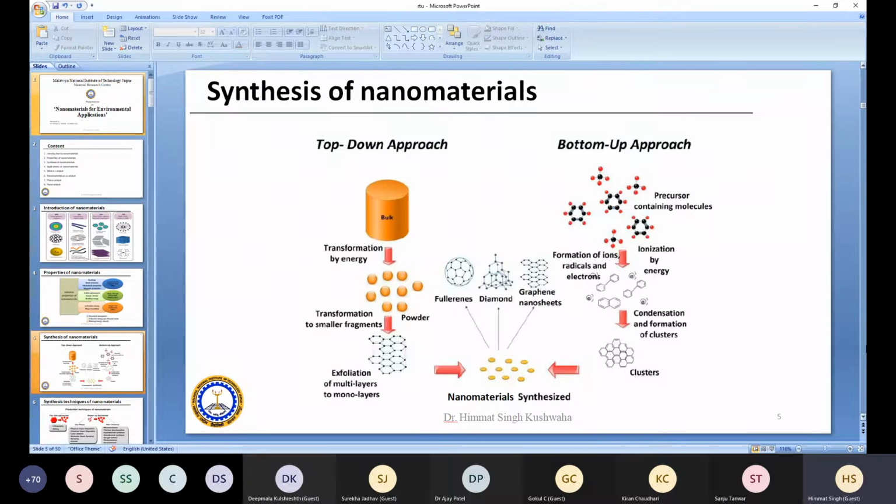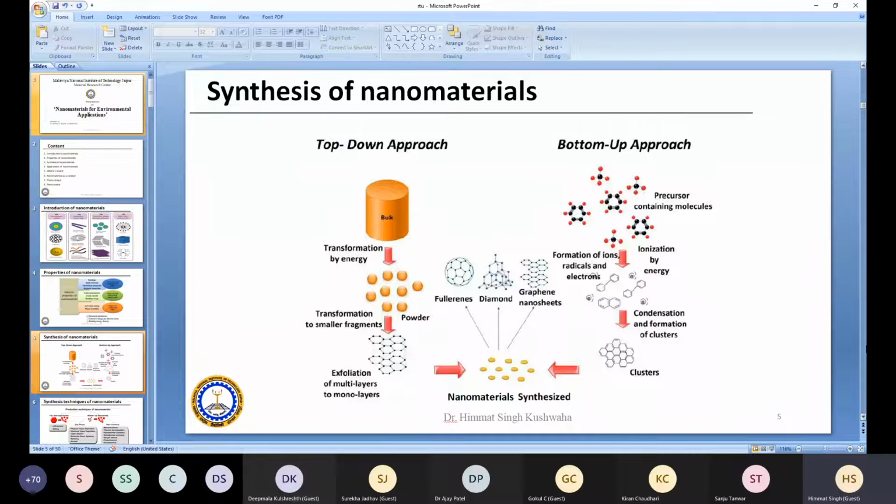Let's talk about the synthesis of these nanomaterials. The common synthesis approaches we classify based on the method, like the top-down approach and the bottom-up approach. In the top-down approach, a bulk material is converted into nano-size materials, like the ball milling process, where a bulk material is converted into powder by the energy we apply.